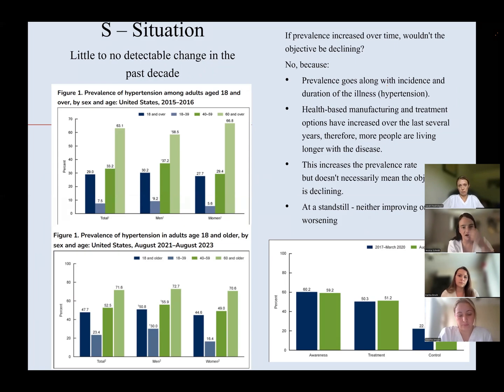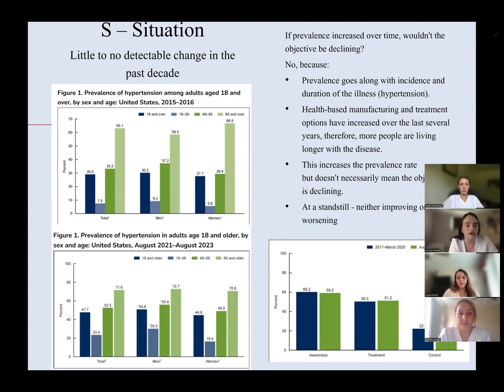On the left-hand side, I have two charts. The top one is prevalence of hypertension among adults aged 18 and over in the years 2015 to 2016. And then the bottom one, I have the prevalence of hypertension from August 2021 to August 2023.